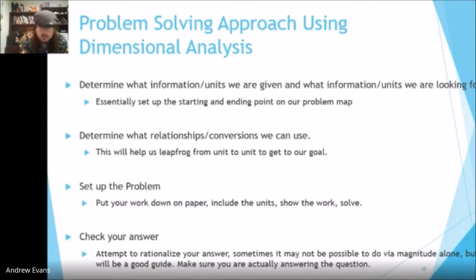Check your answer. Rationalize your answer. Does this make sense? Some of them, it becomes really obvious whether this makes sense or not. You can look at the magnitude. If I'm dividing a big number by a small number, I should get an even bigger number. If I divide a small number by a big number, I should get an even smaller number.